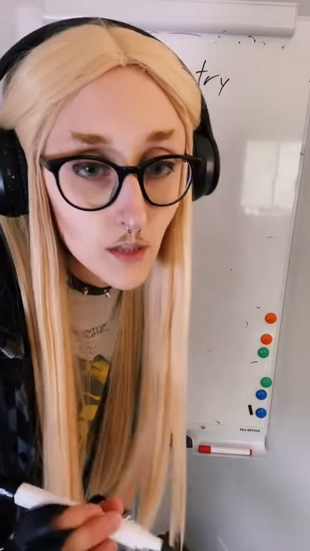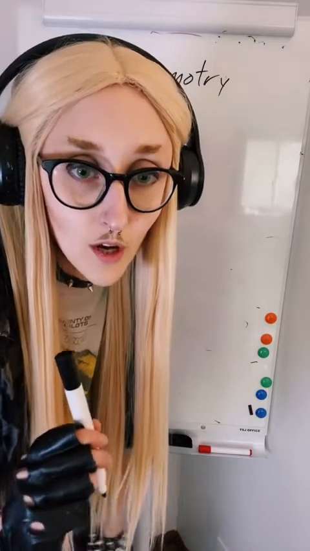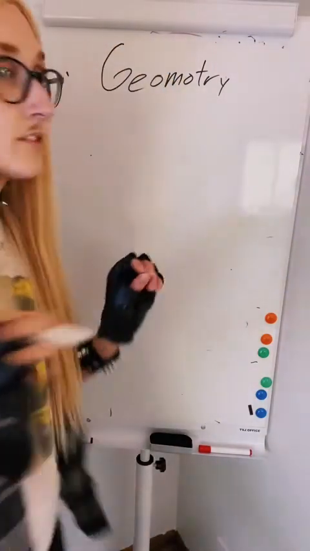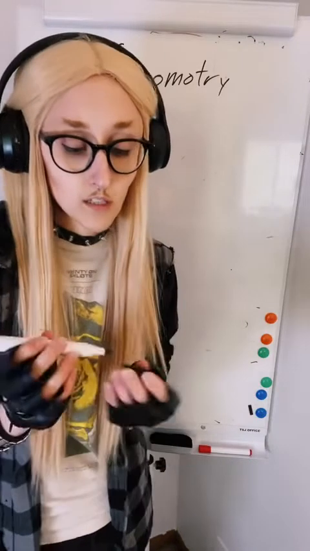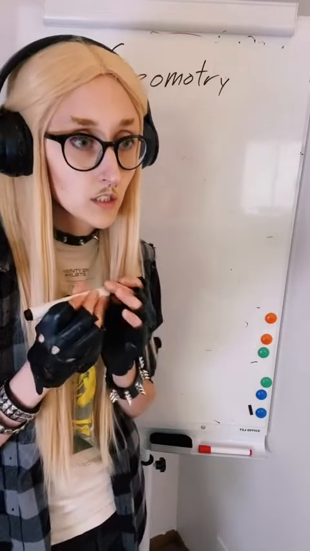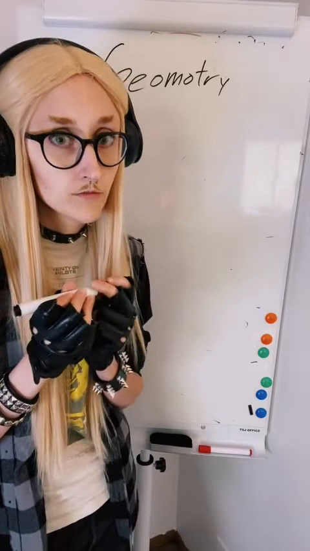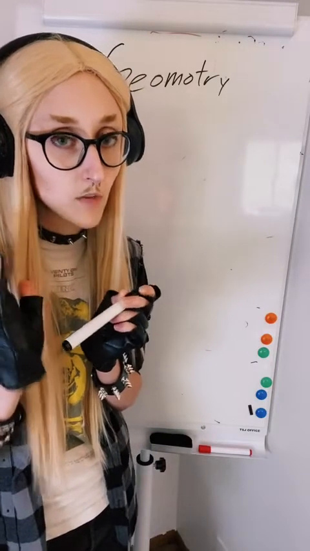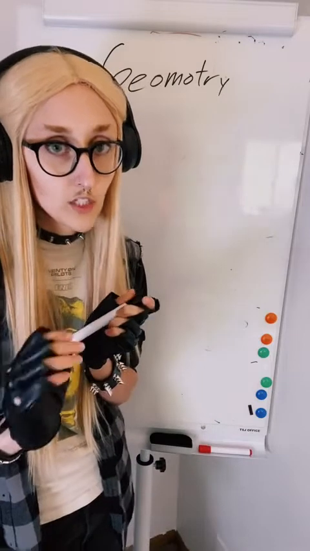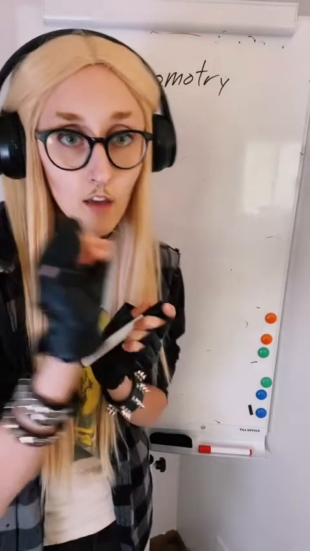So let's do this. Someone was specifically asking about circles, so I want to start there with talking about the different things about a circle. But actually, we're going to take it back a hot moment, to the most basic of geometry, area and perimeter.